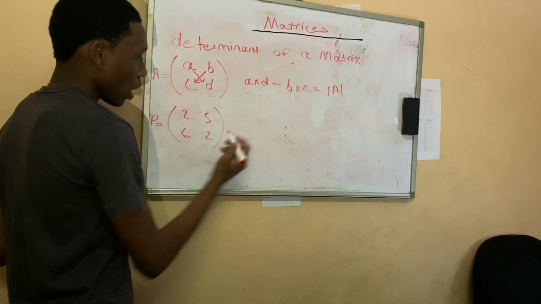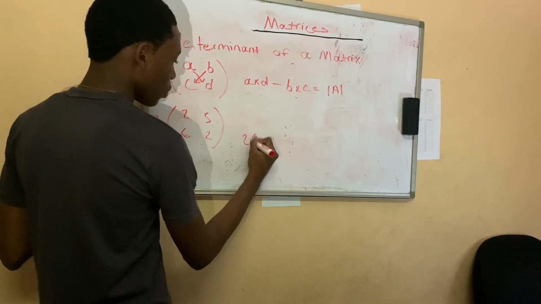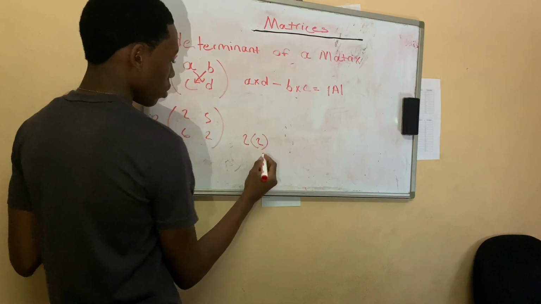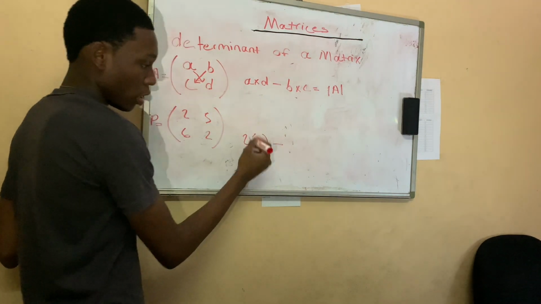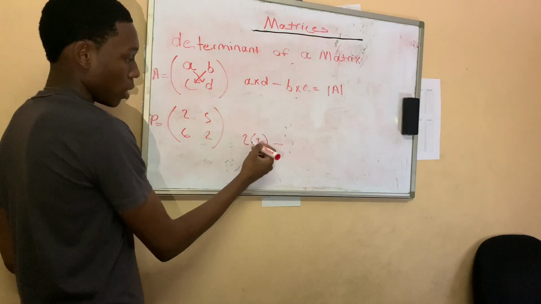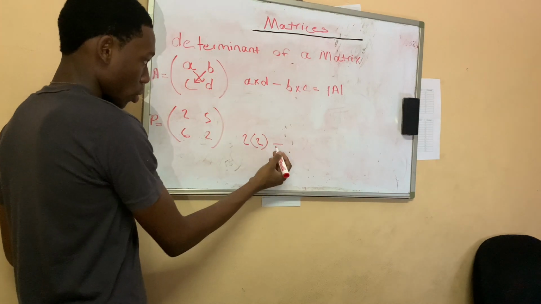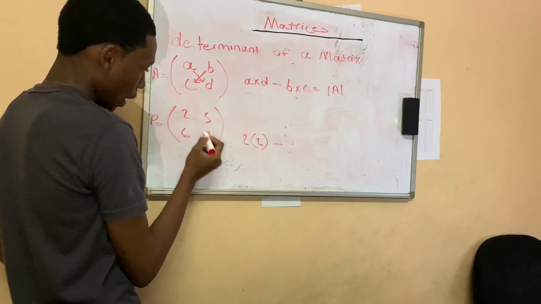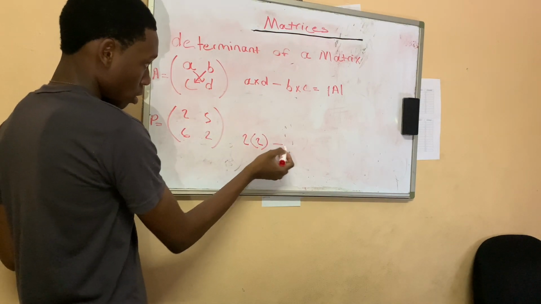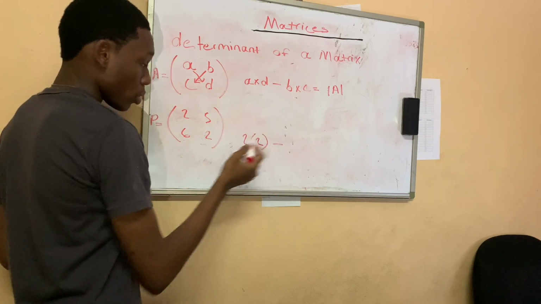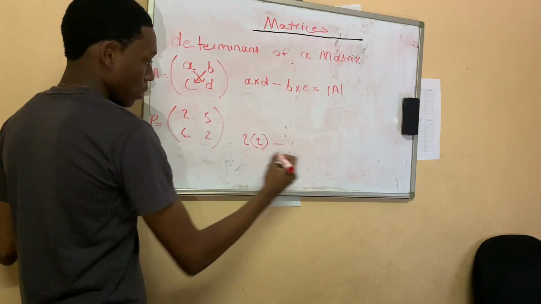So we're going to use the same method that we did up here. So we're going to say 2 times 2 minus the bracket. The reason why I bracketed 2 is the same thing as saying 2 times 2. Alright, so we're going to say 2 times 2 minus, because this is A times D, minus, same formula we're using, 5 times 6.